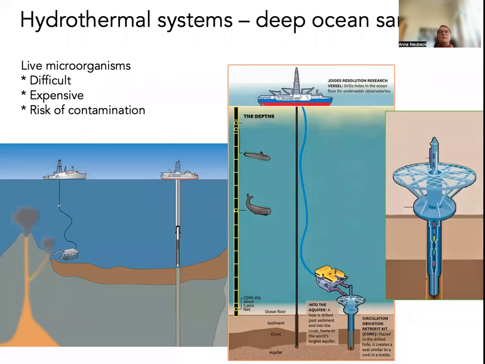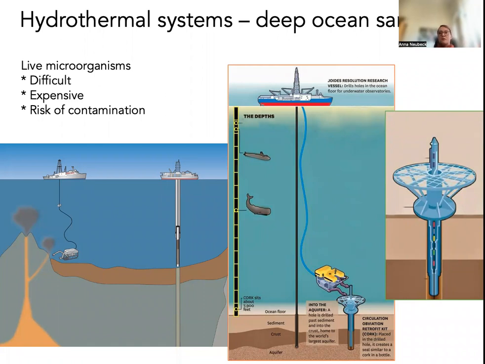But it's quite difficult to sample in hydrothermal or deep marine hydrothermal systems, at least, especially the living organisms. You have to either drill into the ocean floor or go by submersibles, and that's a very expensive thing, and it's also quite a high risk of contamination, even though now they use something called the cork, which is a plug to stop the ocean water from entering the drill hole and contaminating the sampling.